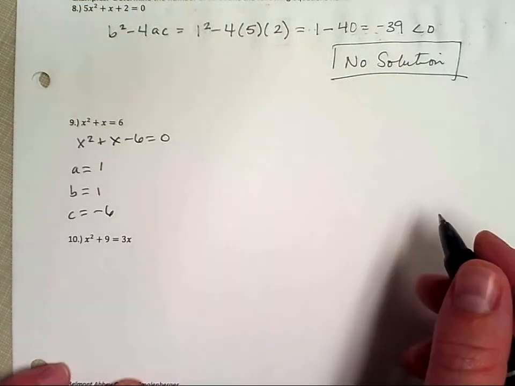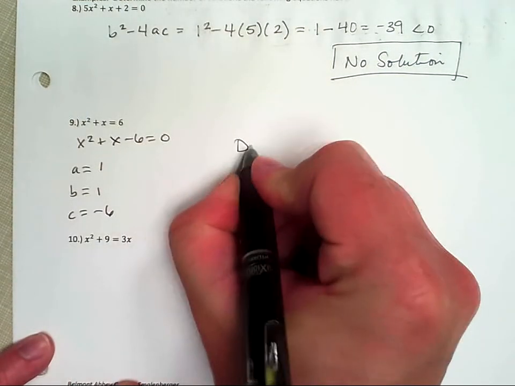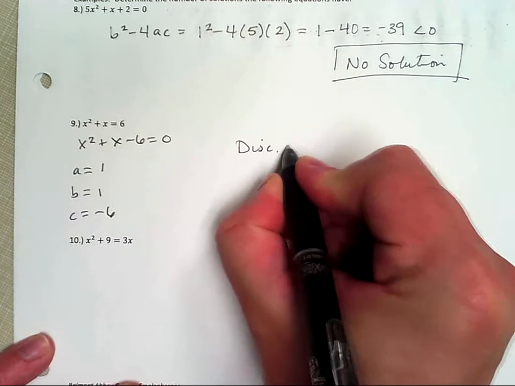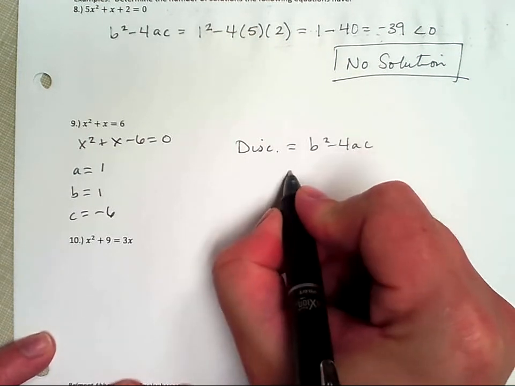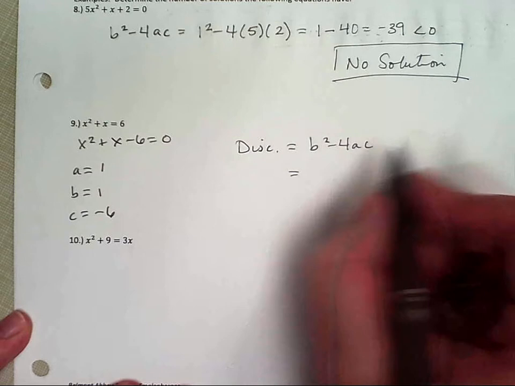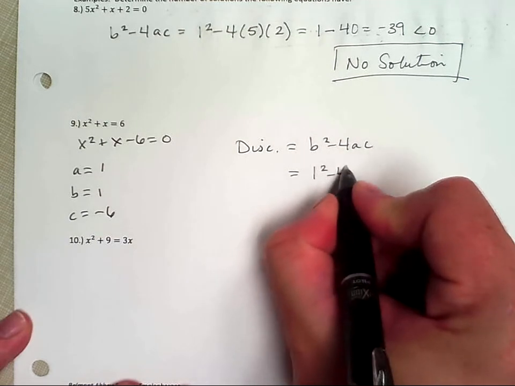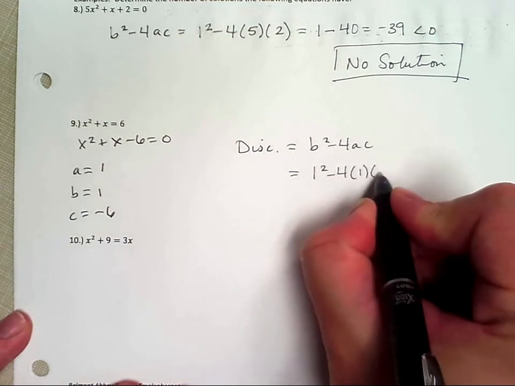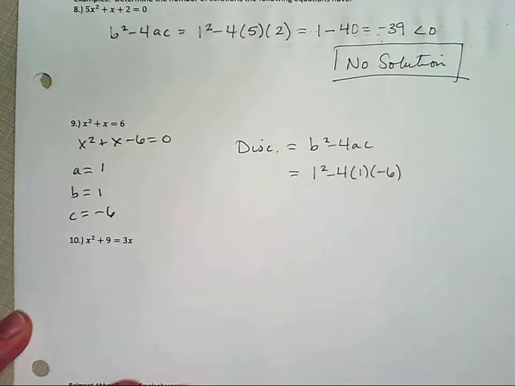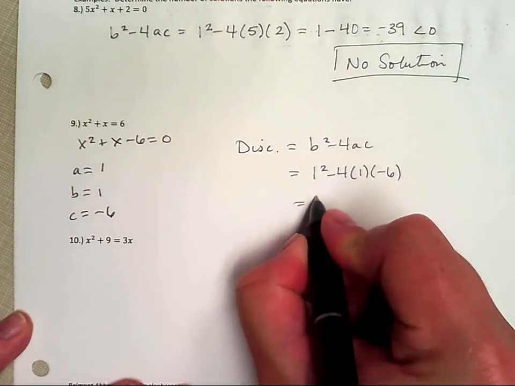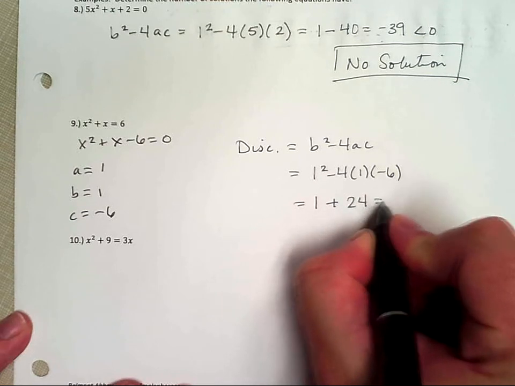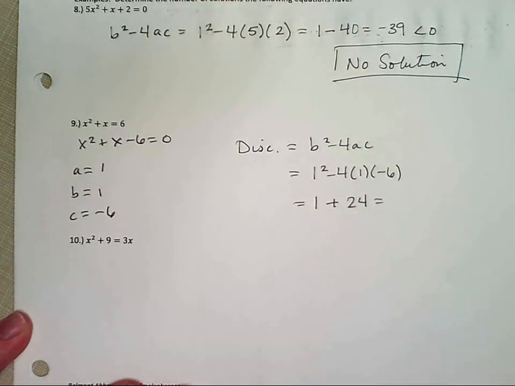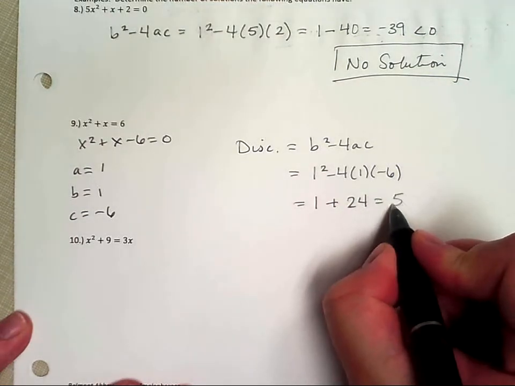Are we all on the same page? Yeah? So now I need to look at the discriminant. That equals B squared minus 4AC. So I have 1 squared minus 4 times 1 times negative 6, which equals 1 plus 24, which equals 25.